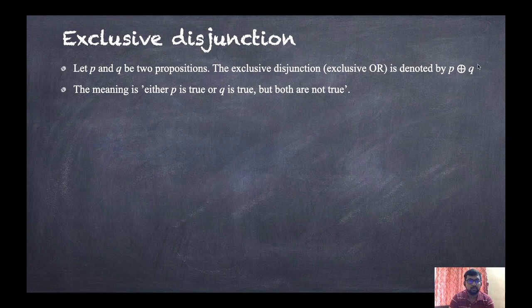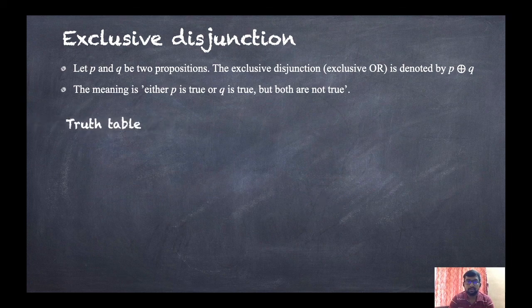P ring sum Q, and the meaning is either P is true or Q is true, but both are not true. Its name is exclusive or exclusive disjunction, and its meaning is either P is true or Q is true, but both cannot be true.